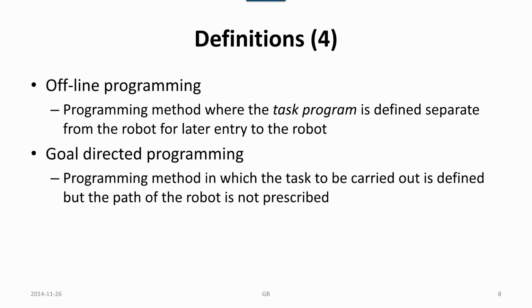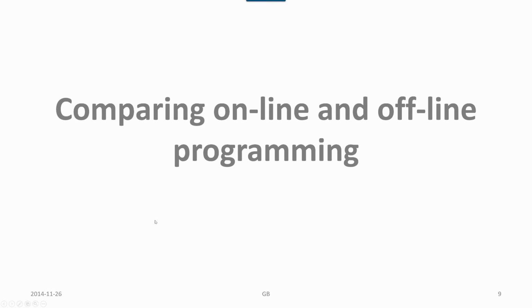The path of the robot and end effector has to be planned and calculated by the system that is used for programming the robot, which normally is a software piece plugged into a simulator. And then that can be checked so that we don't have any collisions and so forth.